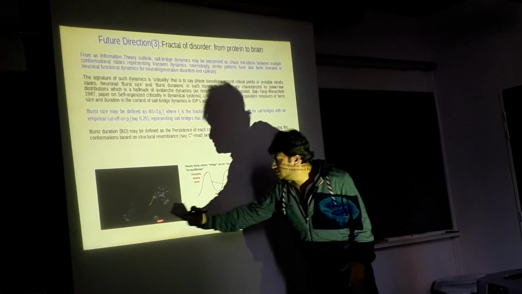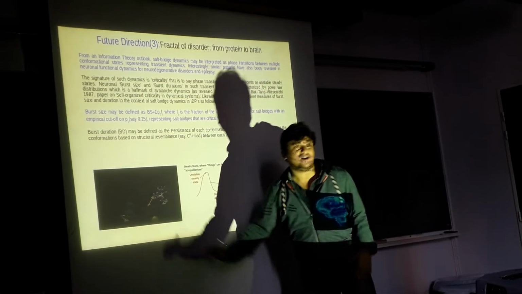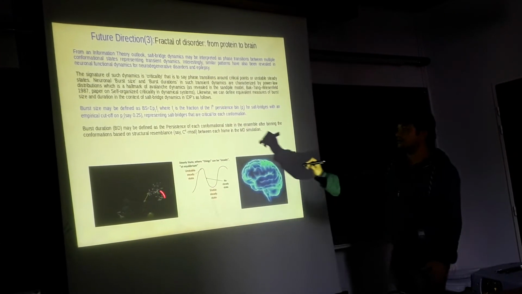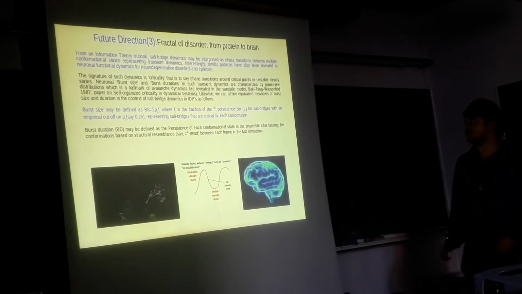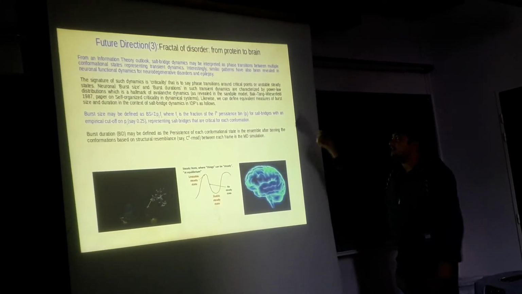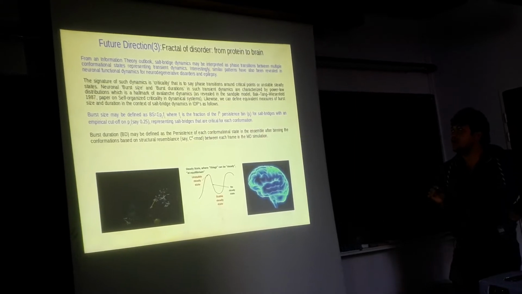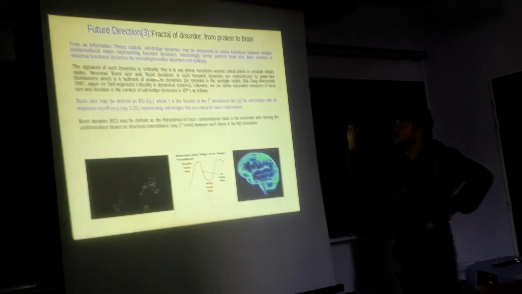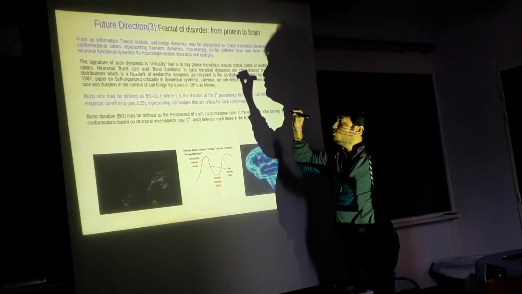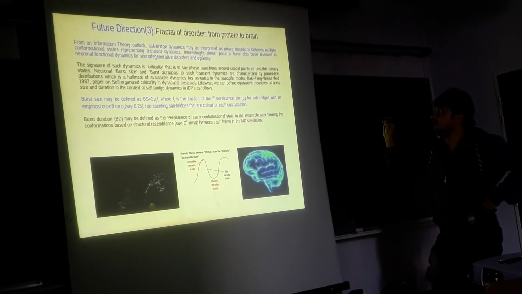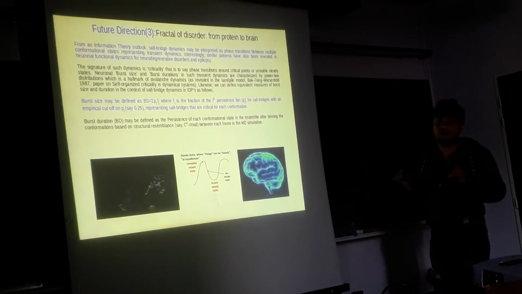Likewise, we found transient salt bridge dynamics in the context of salt bridges within intrinsically disordered proteins. In brain disorders like epilepsy and other neurodegenerative disorders, there are two parameters, burst size and burst duration, and both of them follow power law distributions.